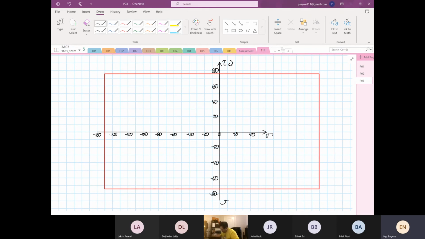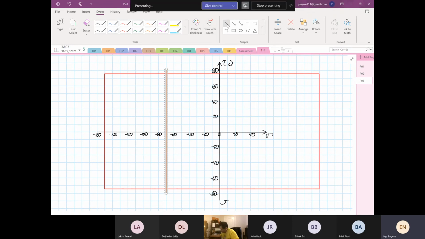Then we know our first X point is at minus 70. And then I'm going to draw our 40 line.